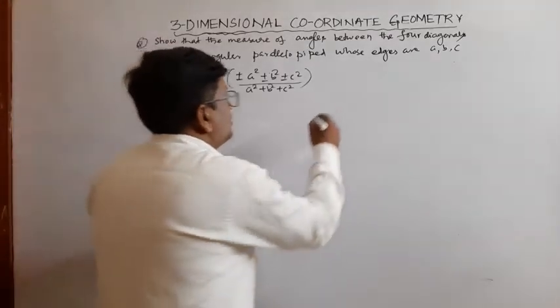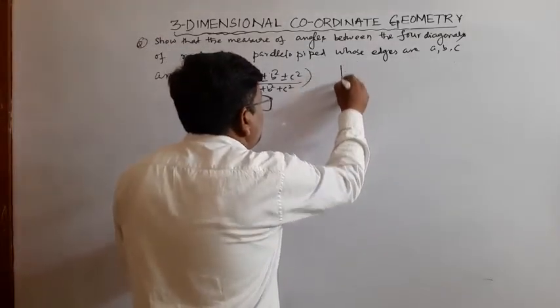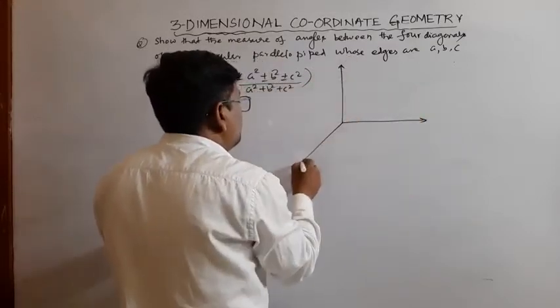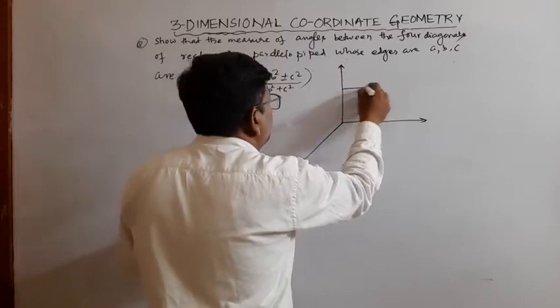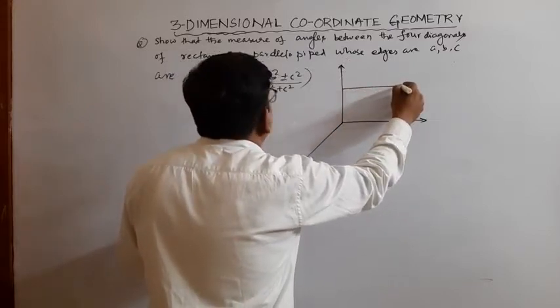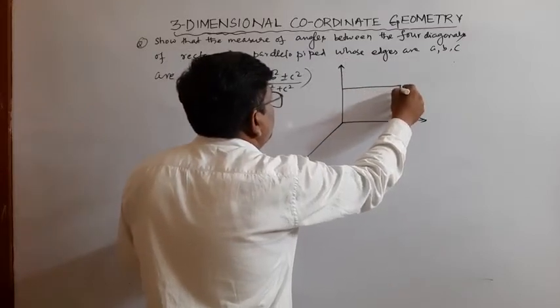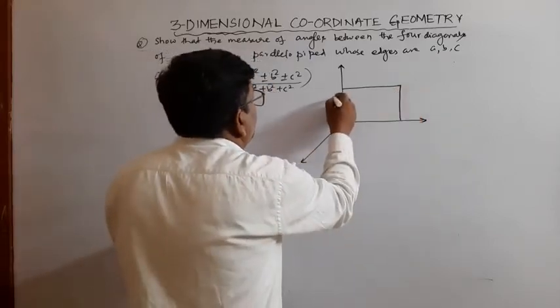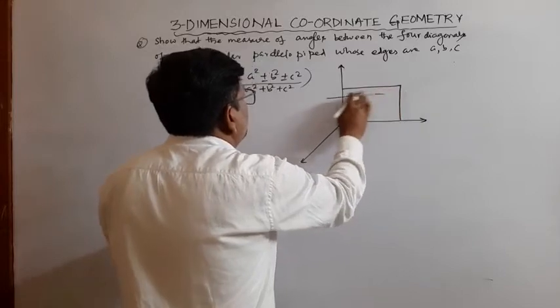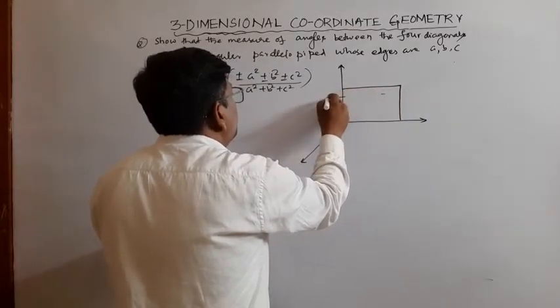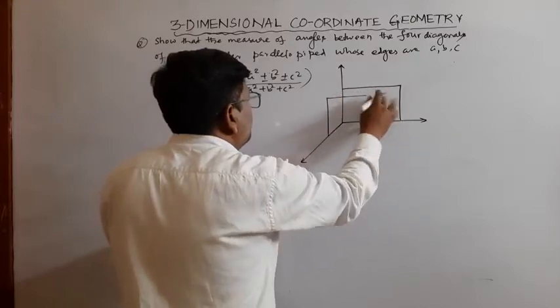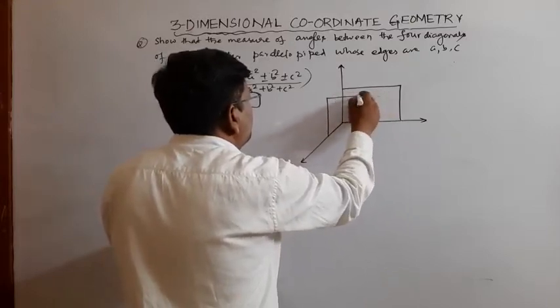Okay, suppose this is the figure, and this is the rectangular parallelepiped. Actually, what is a rectangular parallelepiped? This is the shape of it.